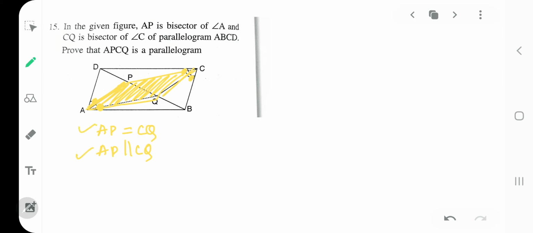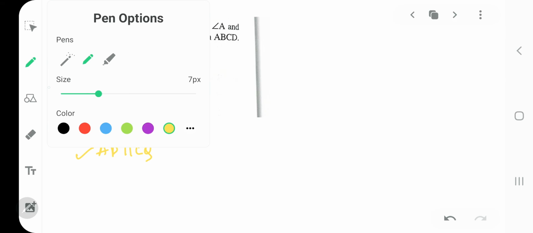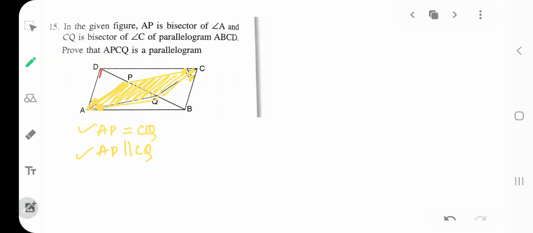How will you prove? Shall I go in triangle DAP and triangle CQB? This will be the alternate angles. No, sorry. This will be the alternate angles, angle D and angle B here. Angle ADP and QBC.